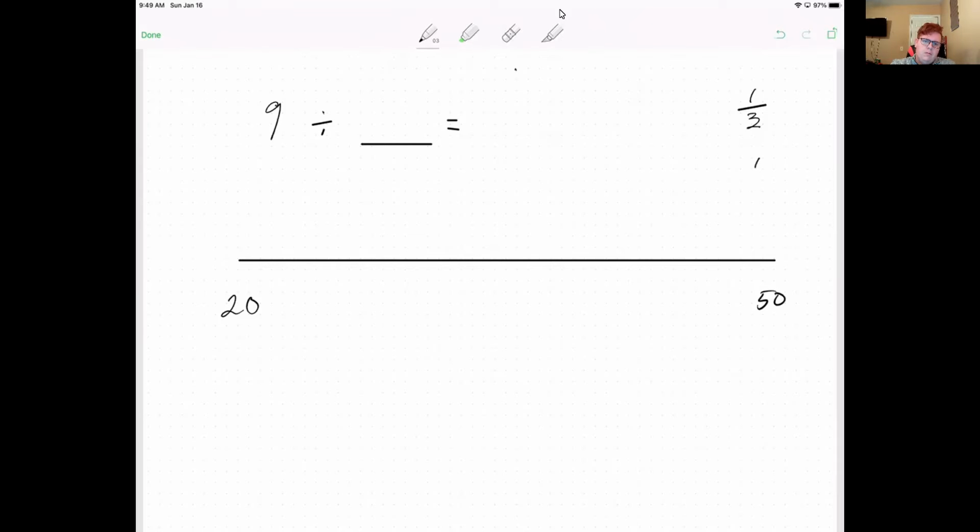A 1/4. Okay, everybody okay with that? Someone give me something that's going to get us closer to 50. 1/5. Okay, great. All right, so you can see how the range game works.